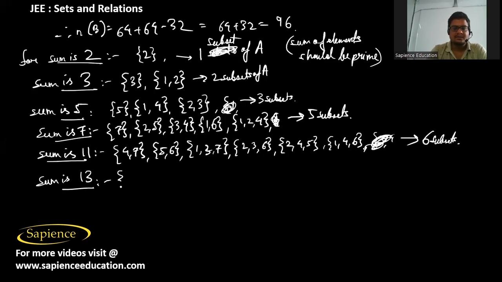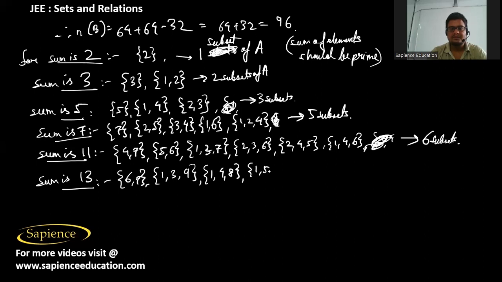So if the sum is 13, then we can take 6 and 7. And then we can take 1, 3, and 9. And then 1, 4, and 8 we can take.